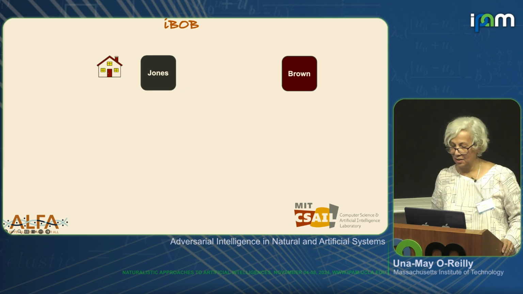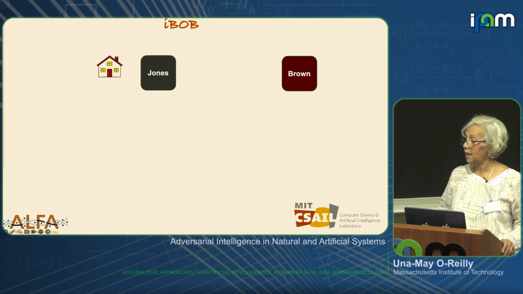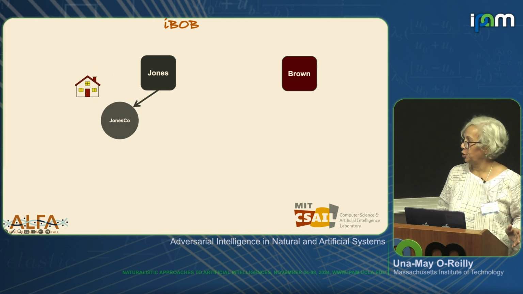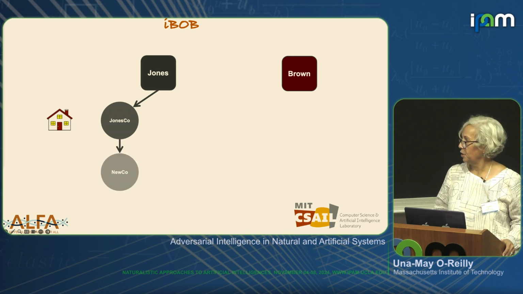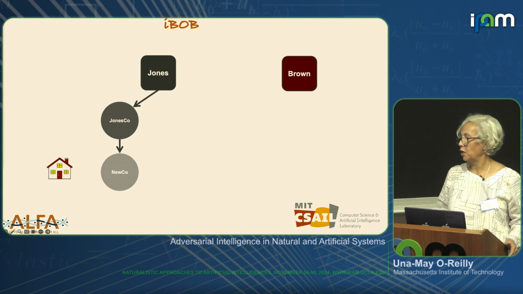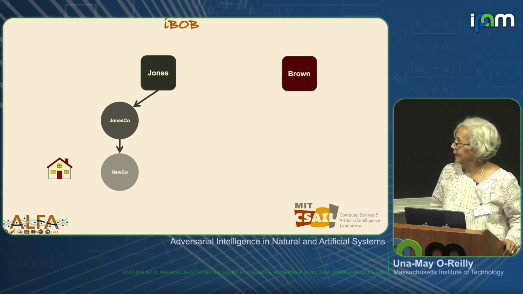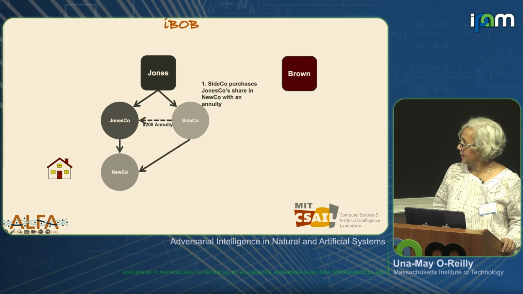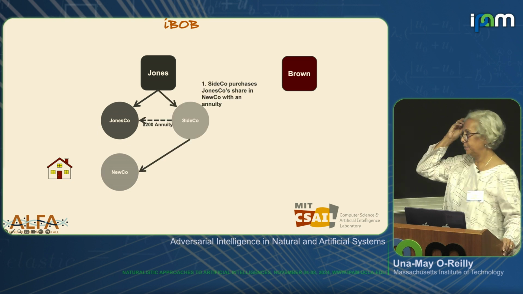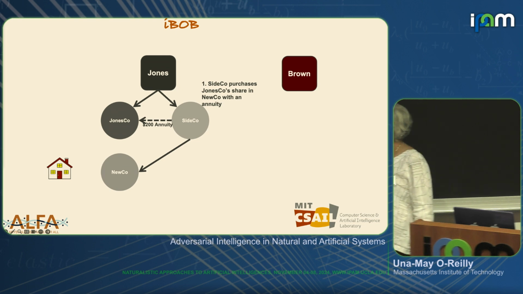All right? So what happens here is, again, we have Jones with the house, and Jones sets up a partnership called Jones Co., and he pays for his partnership share with the house. And Jones Co. sets up another partnership called New Co. and pays for its share in New Co. with the house, right? And now when the house needs to be sold, what happens is Jones sets up another partnership called Sideco.